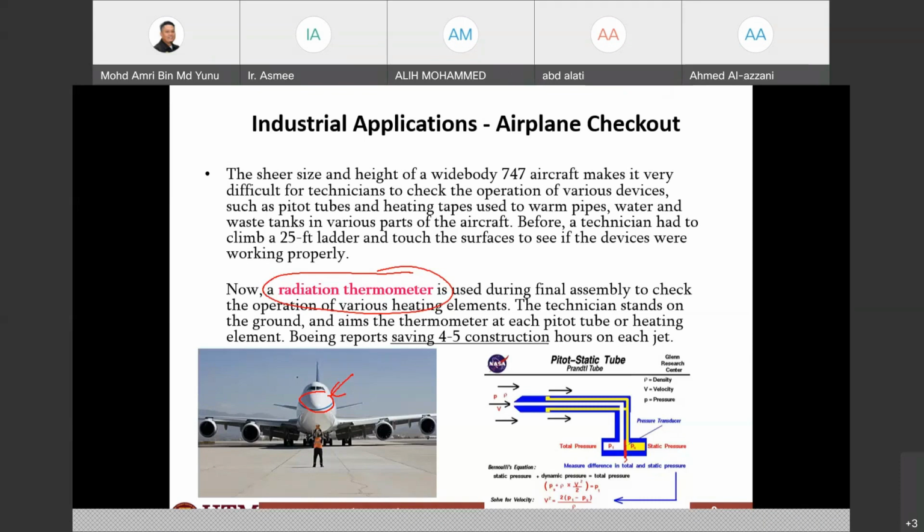Okay, that's good. So I continue. The pitot tube is basically a device used to measure the speed of the airplane during flight. It looks like a tube facing against the wind, the direction during the flying period.